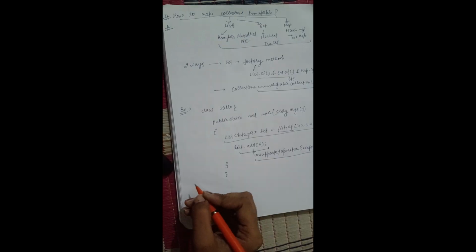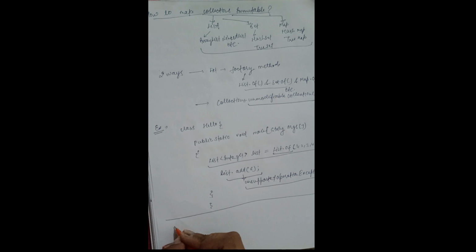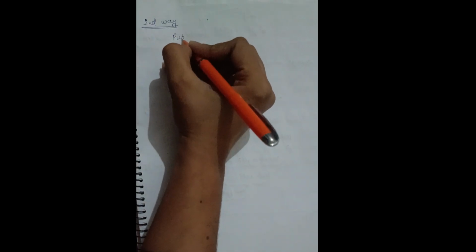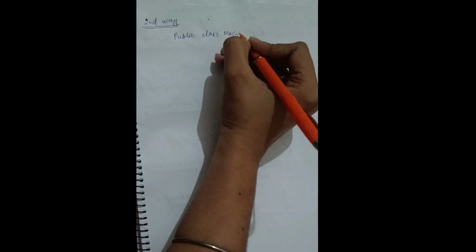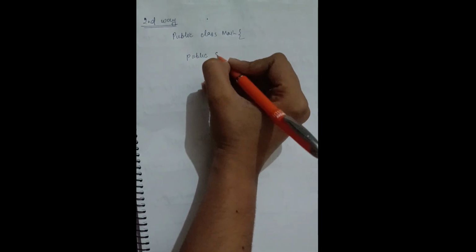Now the second way. This is our public class, and this is our main class and main function.